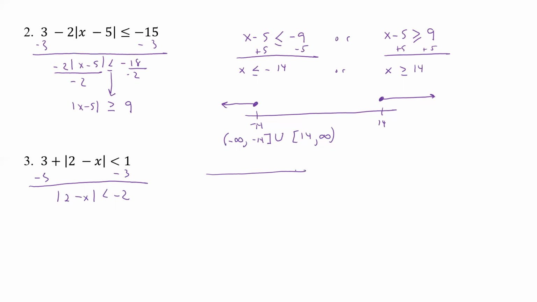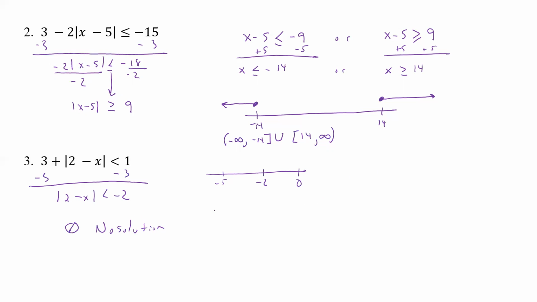If we think about that, here's 0, here's negative 2, and it would have to be somewhere down here, maybe negative 5 or something like that. Well, absolute values are always going to be positive. Because this has to be positive, it can't be less than negative 2. And so this one is the empty set, or no solution.